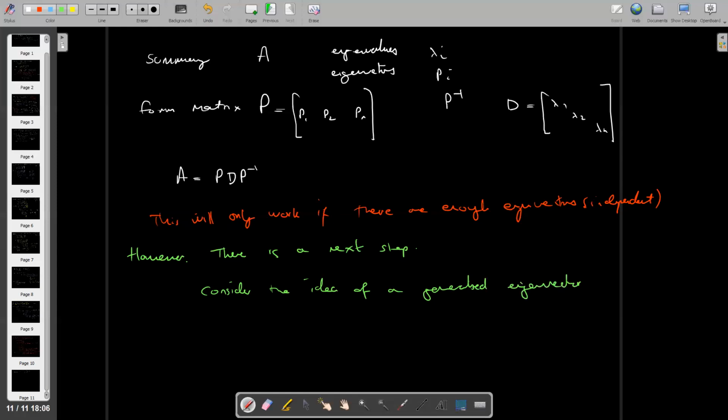Essentially, an eigenvector is where you apply a matrix to a vector and you get some scaled version. Well, a generalized eigenvector would be what happens if you apply a matrix more than once to a vector and eventually you end up with a scaled version, which is a slightly different concept.